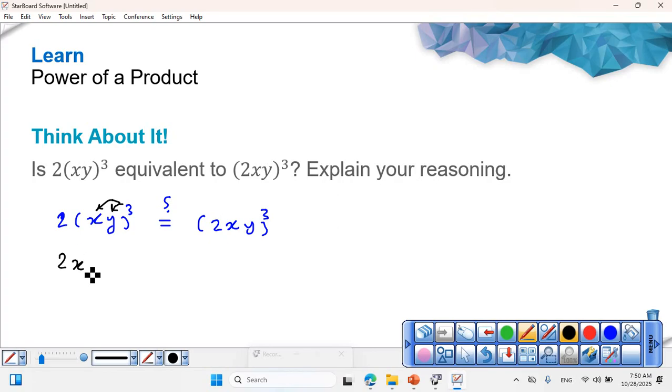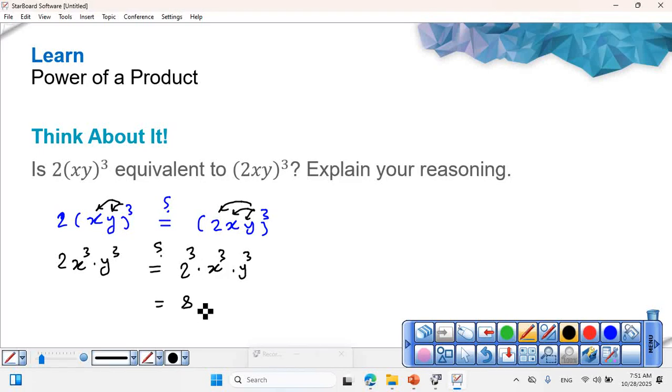2x to the power 3 times y to the power 3. This equals, let's see. Also here 3, distribute 3 to each component inside this bracket. As you see, 2 to the power 3 times x to the power 3 times also y to the power 3. The answer here is 2 to the power 3 equals 8.